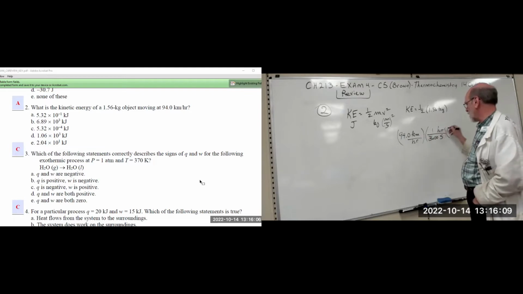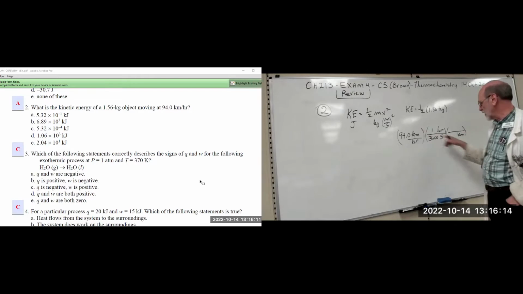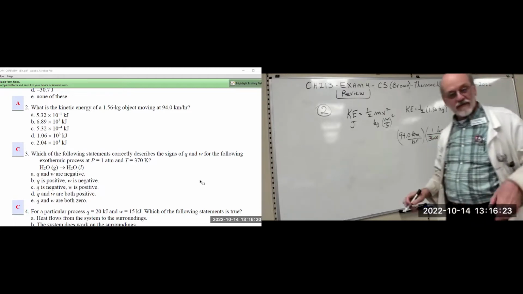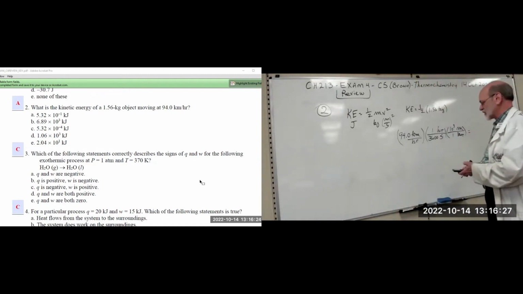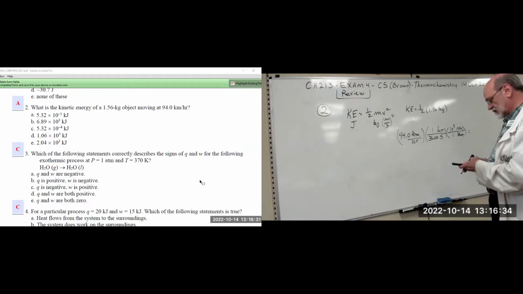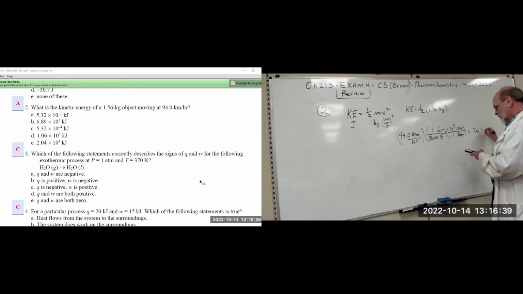Okay, that takes care of the hours. Now we need to get kilometers, right? Numerator, denominator, into meters. 10 to the third meters is 1 kilometer. Okay, so now we can find out the velocity in meters per second. 94, 3,600 divided into it, times 1,000 is 26.11 meters per second.